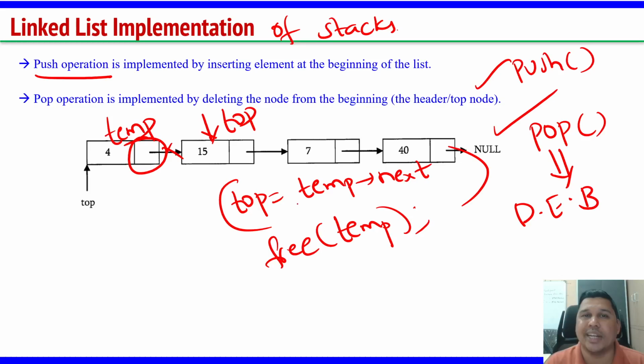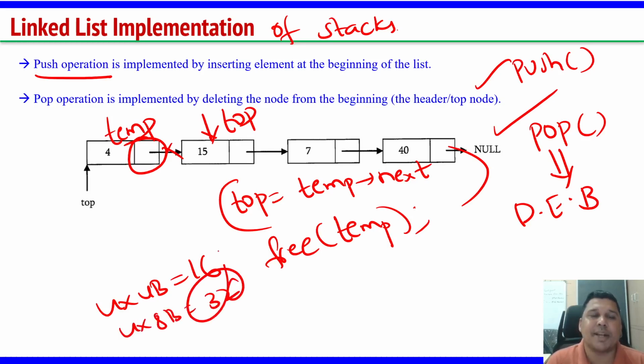If I want to store 4 integers, it will take 4 into 4 bytes, that is 16, but in this case it will take 4 into 8 bytes. So space might increase, but since we have all high end systems, that should not be a problem, right. So this is the advantage of linked list implementation of stacks over arrays and dynamic arrays.